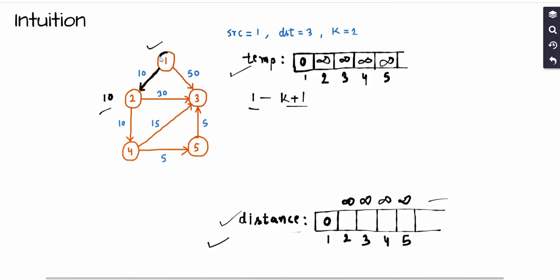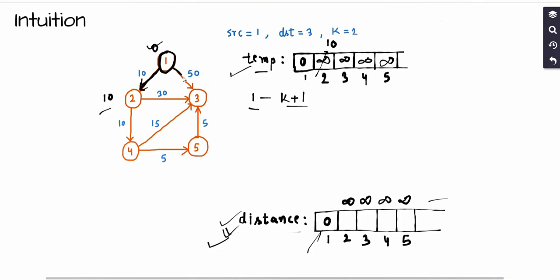The cost for the source city is already evaluated in the distance array. It is 0. So I can perform this relaxation, which gives me 0 plus 10, that is 10. I update my temp array to 10 because the distance we already have till node number 2 in this temp array is infinity, and 10 is better than infinity.